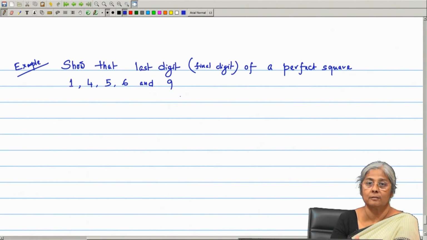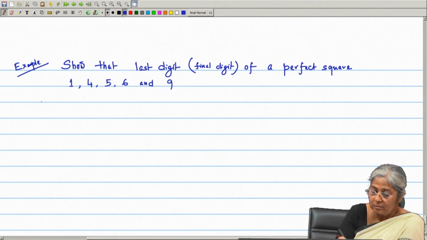Now, if we take it by cases, I can think in this way. Solution: this is case 1.